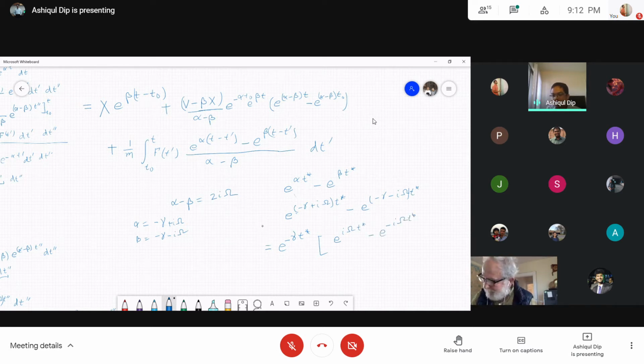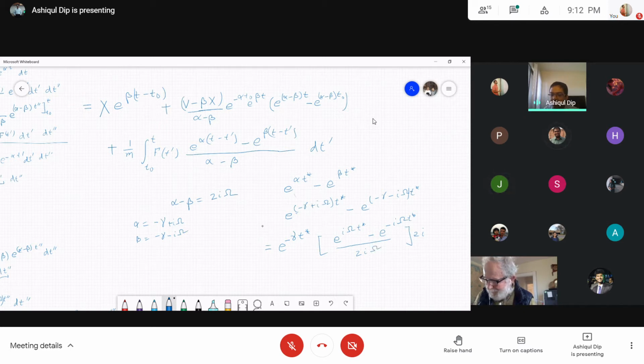Does it look familiar? It's a sine function. So we divide this thing by twice i. Twice sine function, we multiply this thing by twice i. There is also alpha minus beta on the bottom. So what is alpha minus beta? 2i omega, which will provide the 2i.